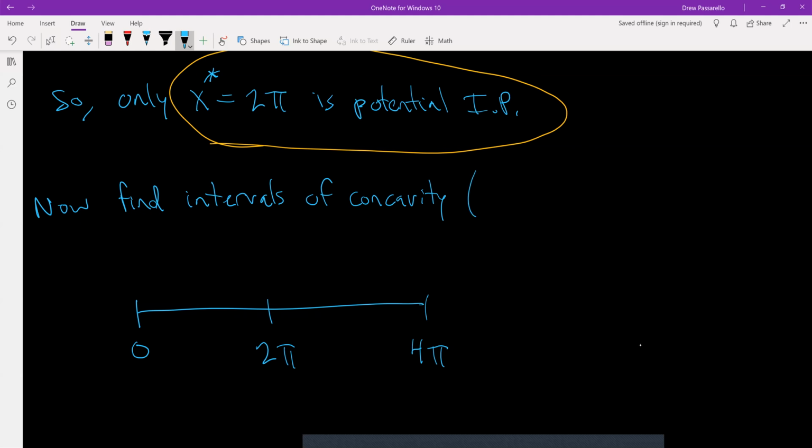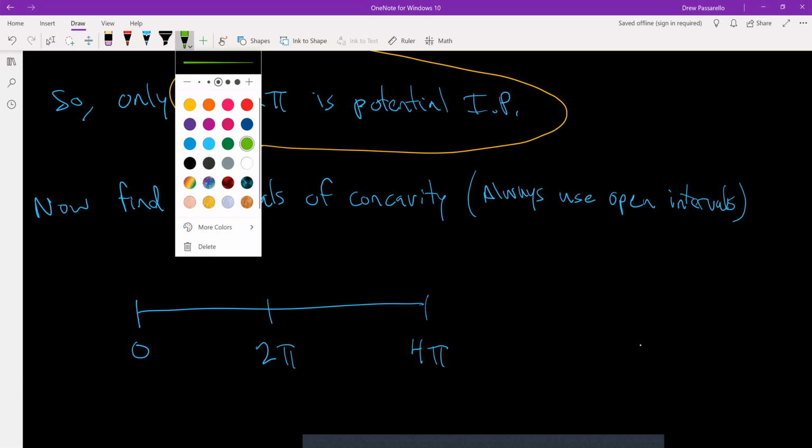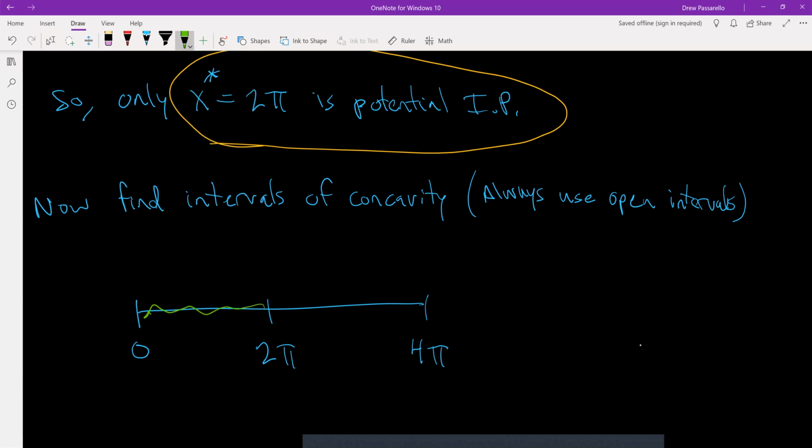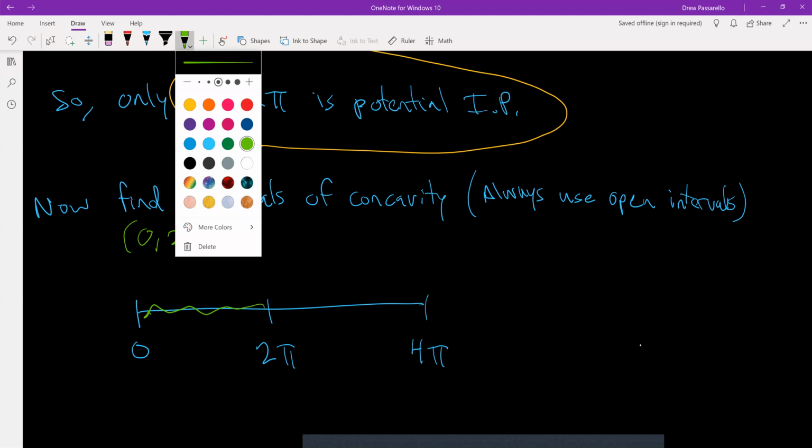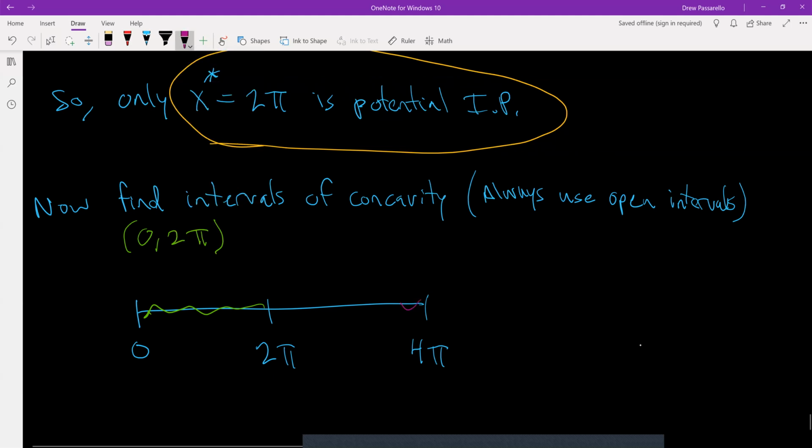We always use open intervals, so always parentheses. So our options are between 0 and 2 pi, and then between 2 pi and 4 pi.